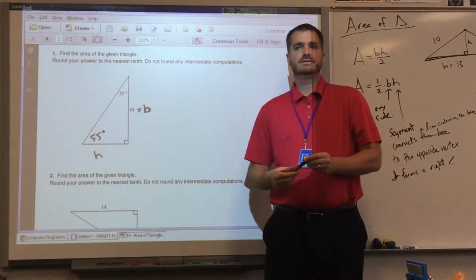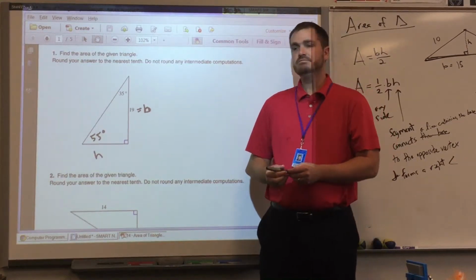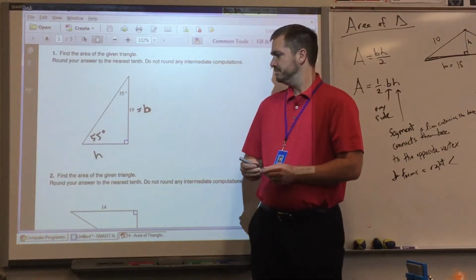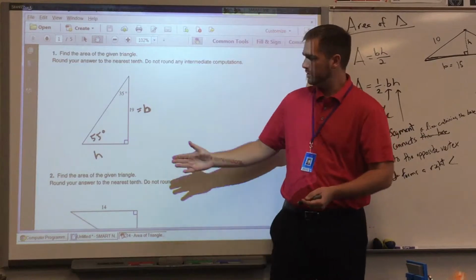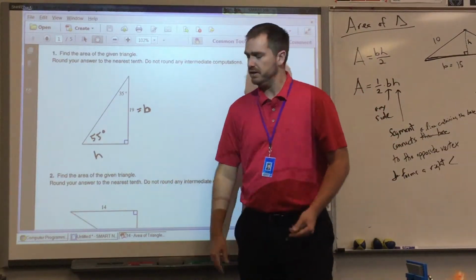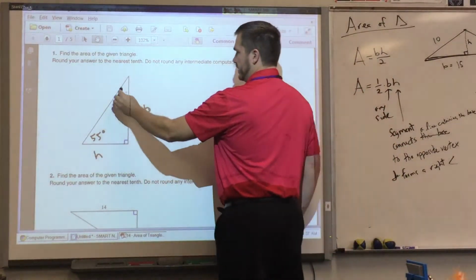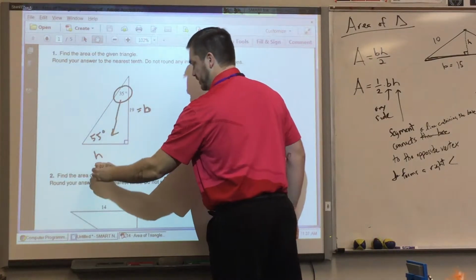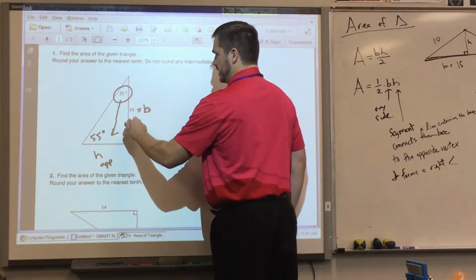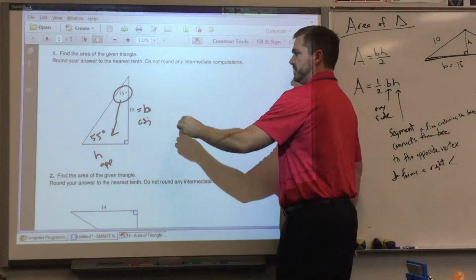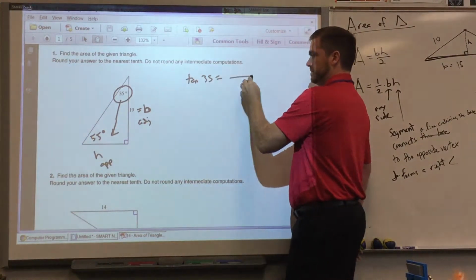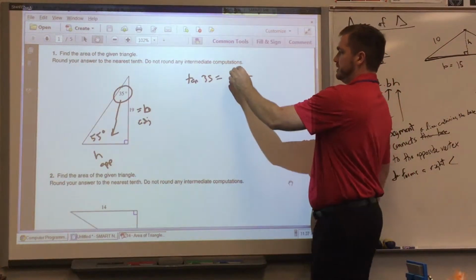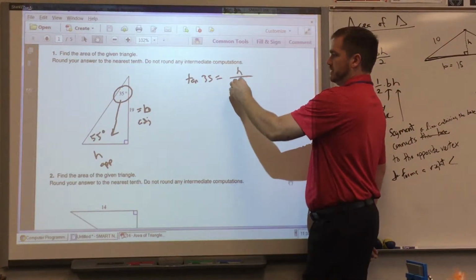Jeremy, what are you thinking? Well, you can do tan 35 equals h over 19 and then just solve for h. Yeah, do tangent. Just your good old right triangle trig. Remember that guy? I recognize 35. Over here we've got an opposite and an adjacent. So he says the tangent ratio is h over 19.